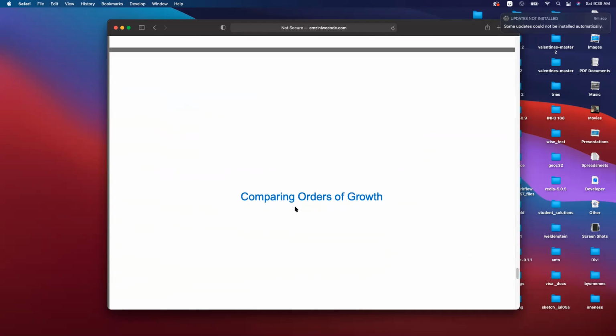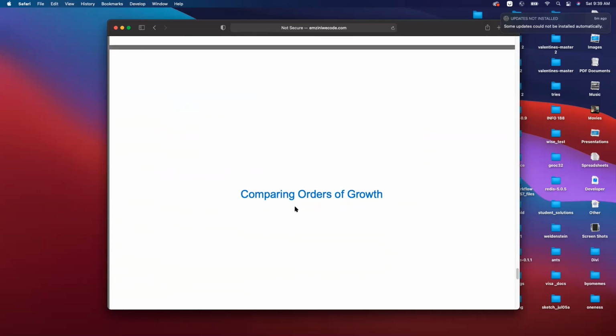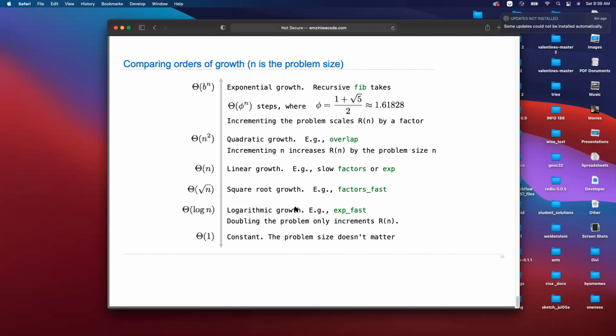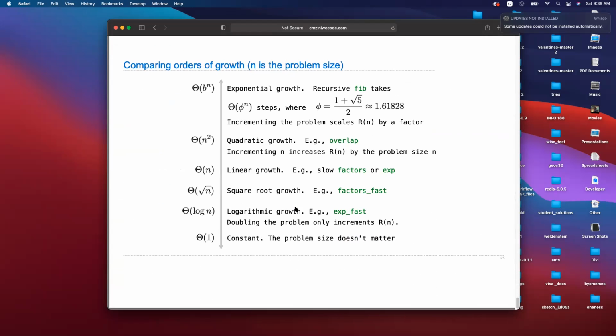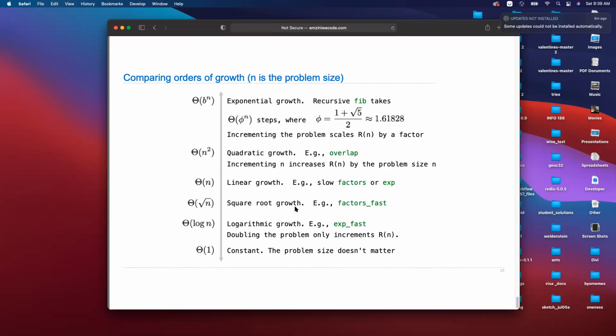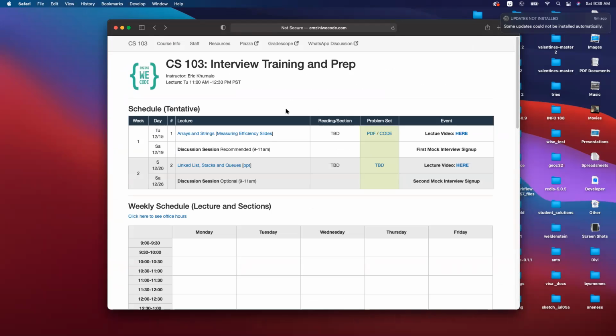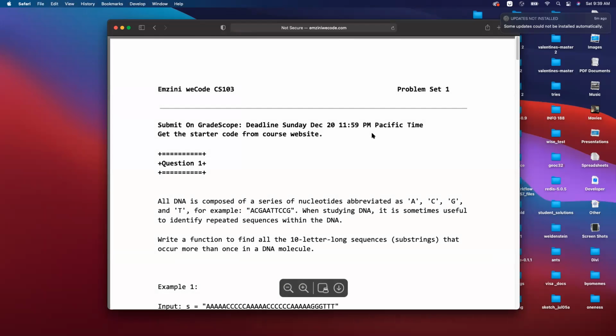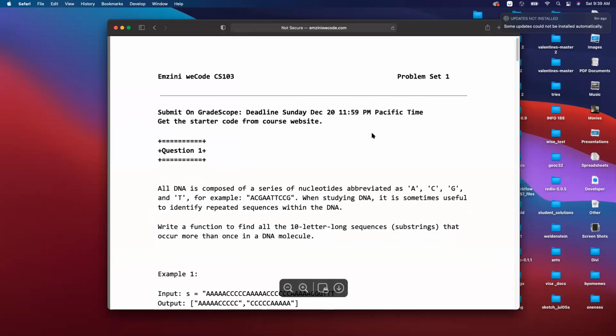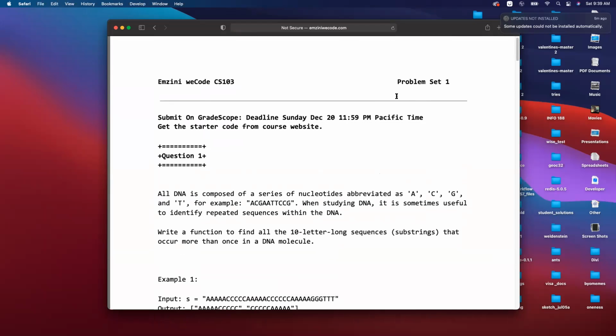Right now, through our discussion, we'll basically be talking about comparing orders of growth. And then we released our assignment here. We said it's not a lot, just 5 problem sets.